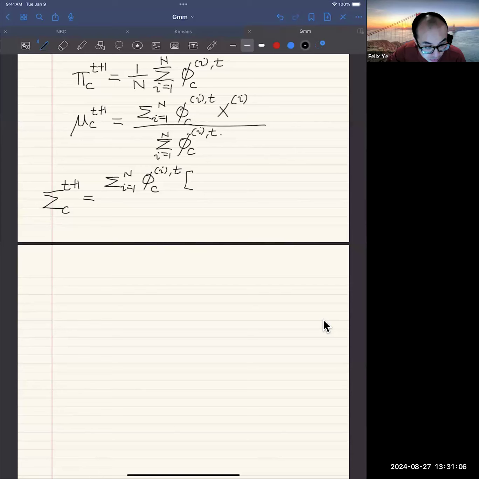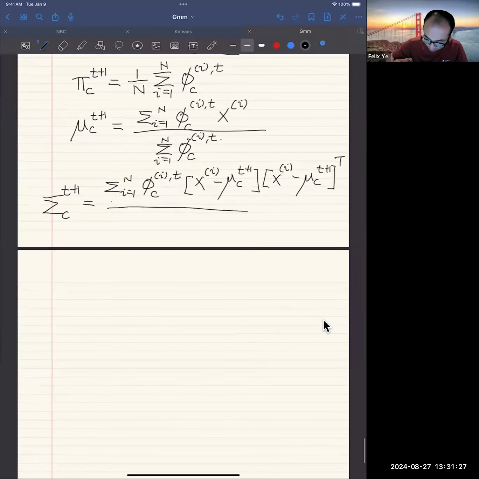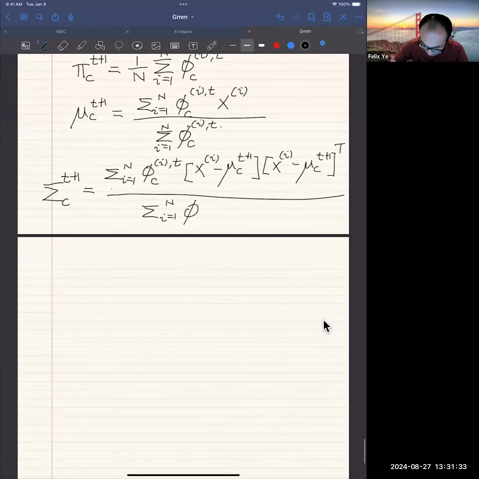So this is weighted ensemble covariances, and the weight value is my posterior distributions, times the outer product v v transpose, divided by the summation i from 1 to n of phi c i t.